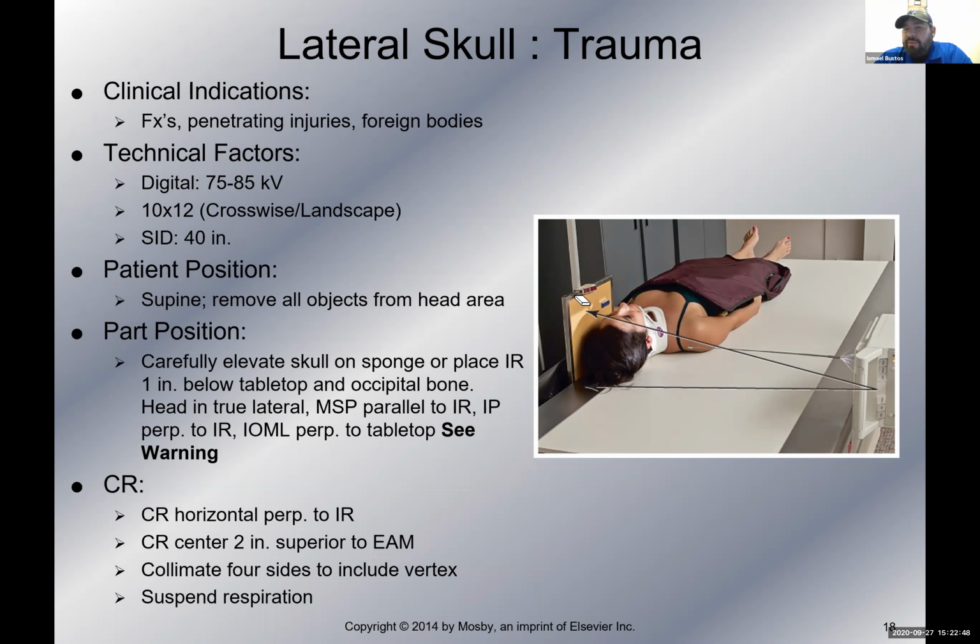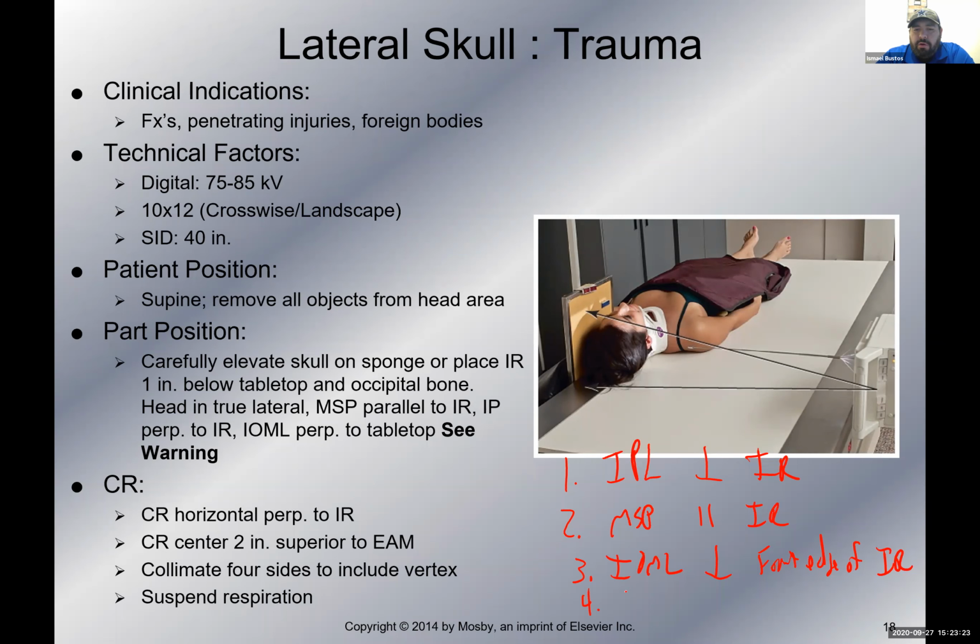Remember, there's 4 things we need to look at for a true lateral, right? Number 1 is the IPL. Whoops, that's a P, not an R. IPL is perpendicular to the image receptor. Number 2 is the mid-sagittal plane is parallel to the IR. 3, IOML perpendicular to the front edge of the IR.